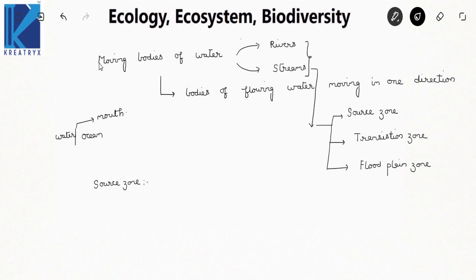Now what is the main characteristic of this source zone? Now it contains headwater streams, and often begins as springs or snowmelt. Headwater streams means source water streams, right?